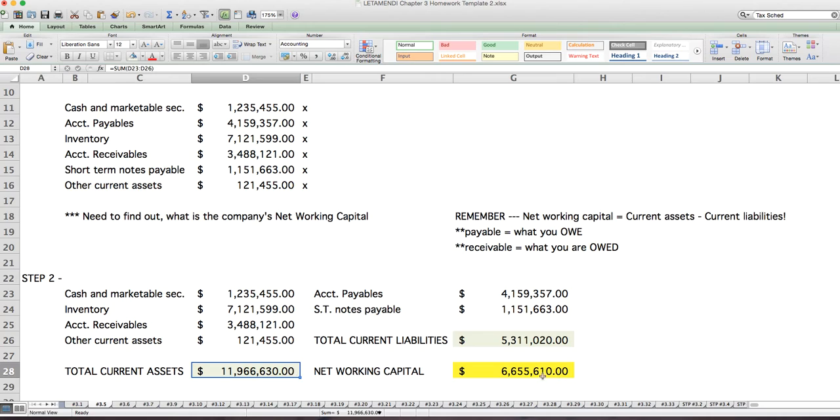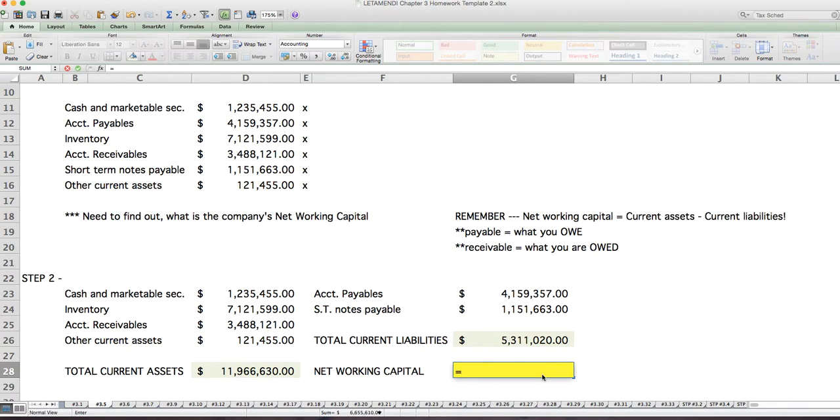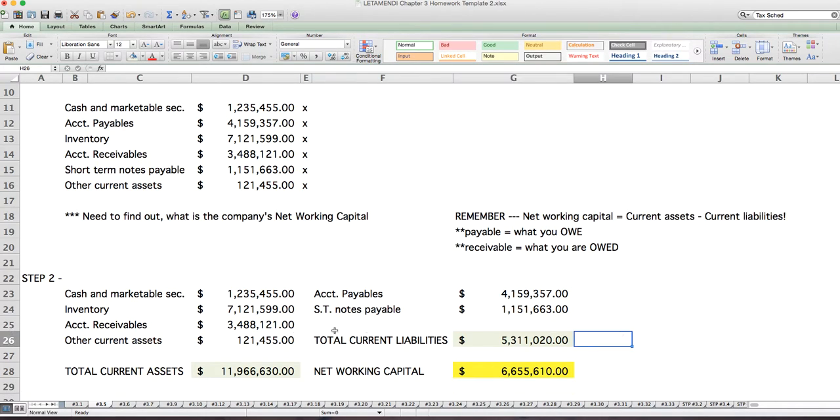So then you take the current assets, right? Let's delete this. You take equals current assets minus total current liabilities, and then you get your answer, which is 6,655,610. All right. So then that's 3.5.